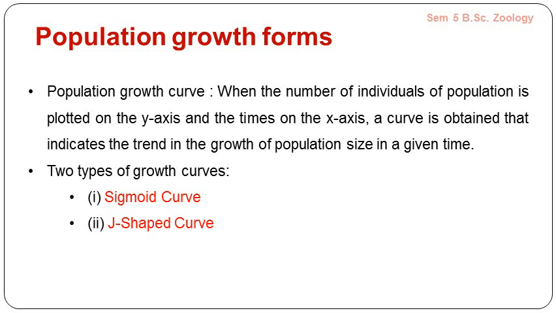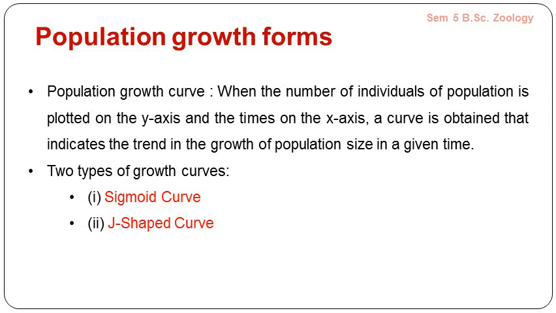So whatever we are discussing was based upon the graph where we plotted population size against time, isn't it? When population size is plotted against time, what we get is a population growth curve. Okay, that is known as a population growth curve.